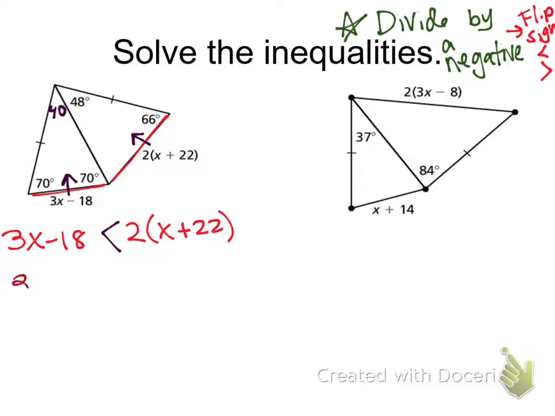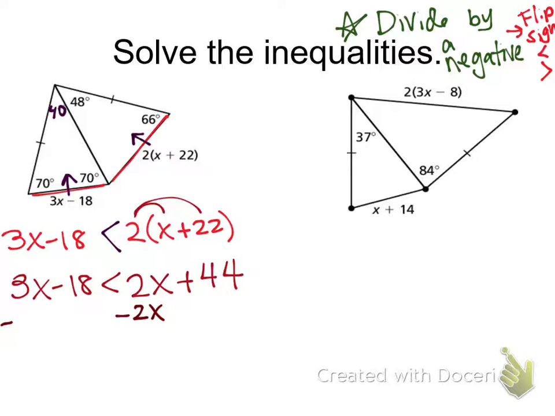We're going to distribute. We got 3x minus 18 is less than 2 times x is 2x. 2 times 22 is 44. I always recommend moving the smaller x, but in this case I especially recommend it so we don't have a negative x. So which one are we going to move? The 2x.